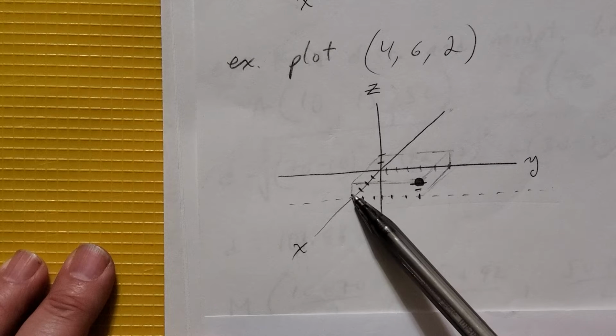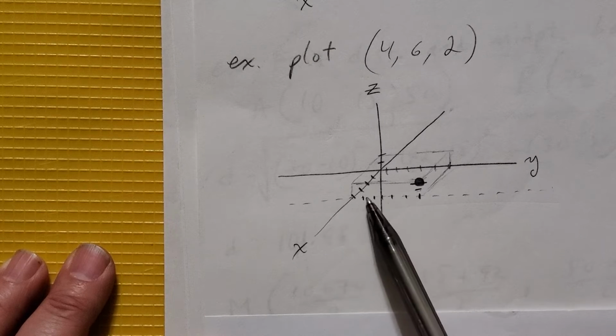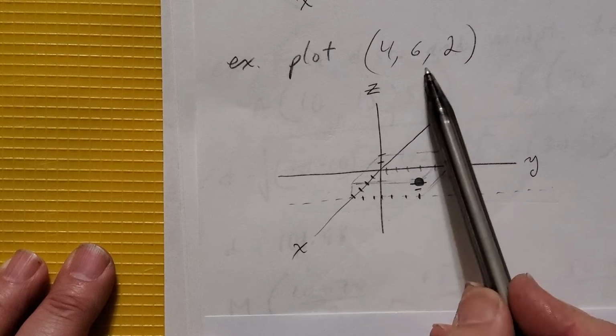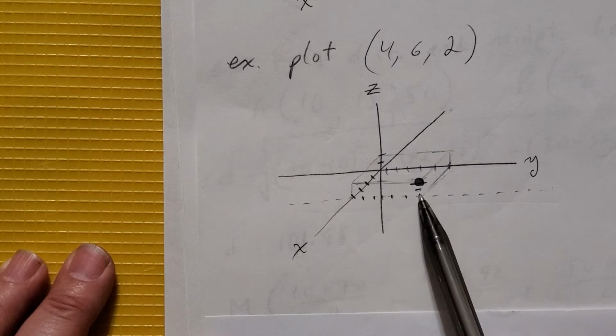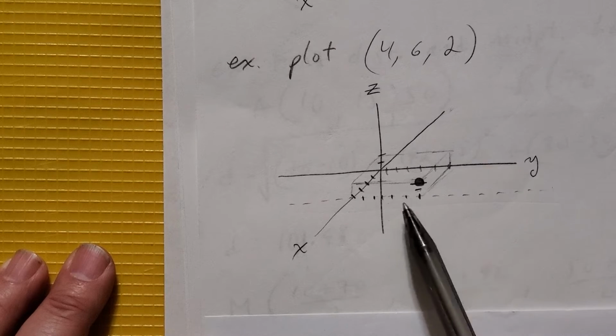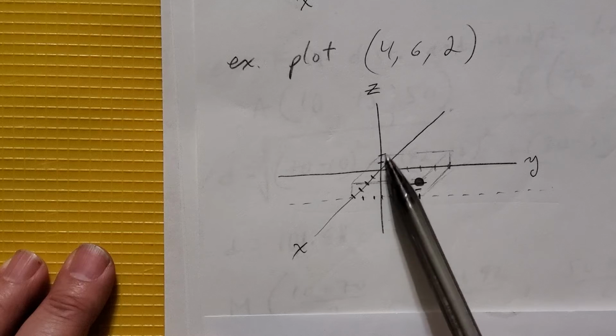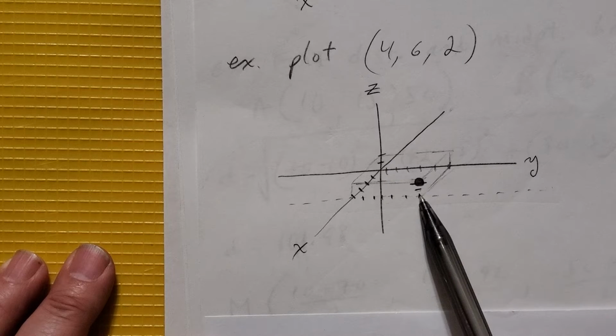I came down here. And then on the floor, we're on the floor of the room. So we went 6 across, 1, 2, 3, 4, 5, 6. And then now we get off the floor, up the z direction, 1, 2. We don't go back here and go 1, 2. We're over here.